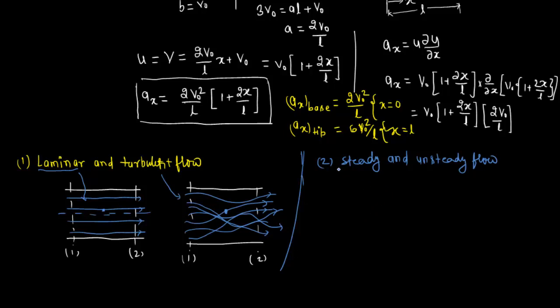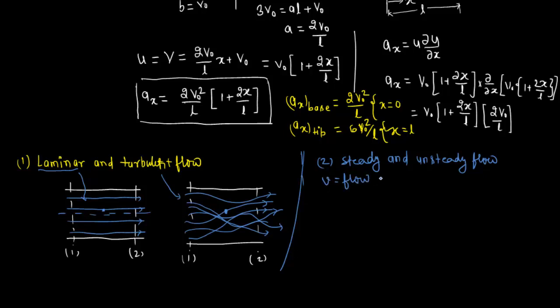When we use the word steady flow, this term is especially related to time. A flow is termed steady flow when the flow parameters are not varying with time. Let's suppose I'm considering velocity as a flow parameter.